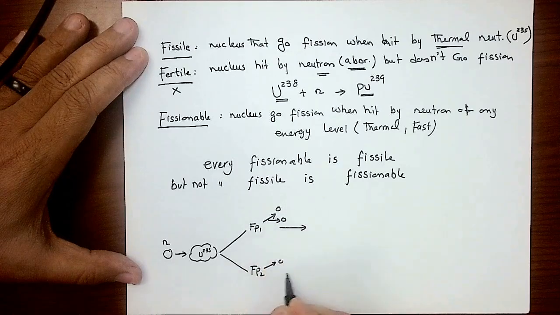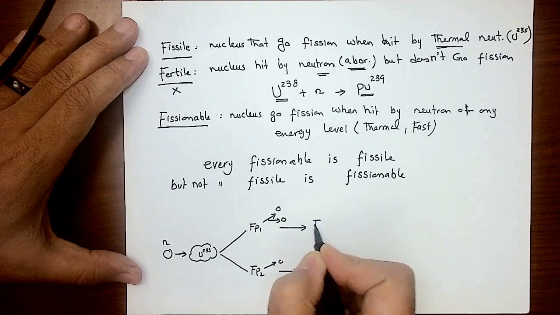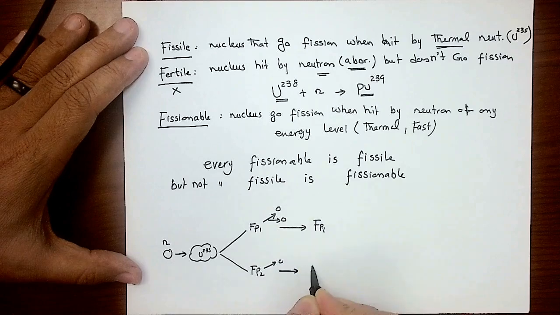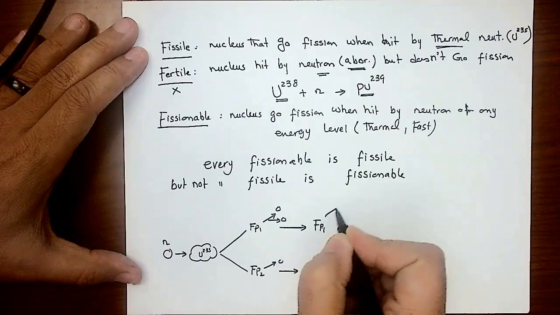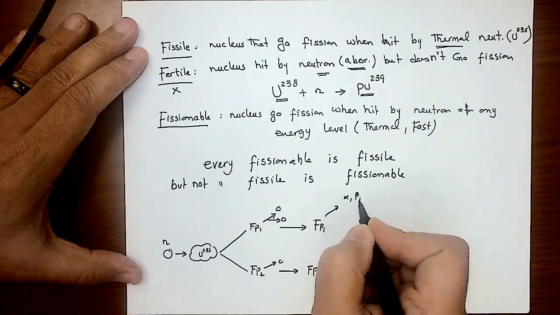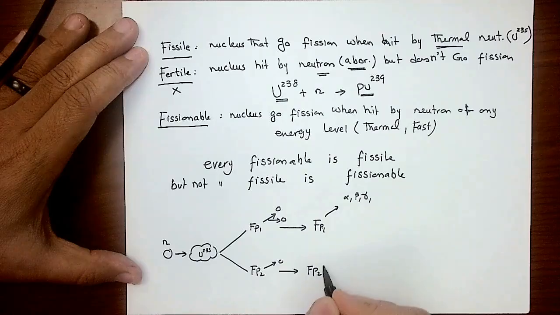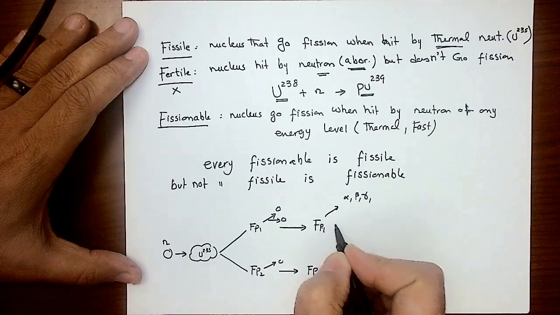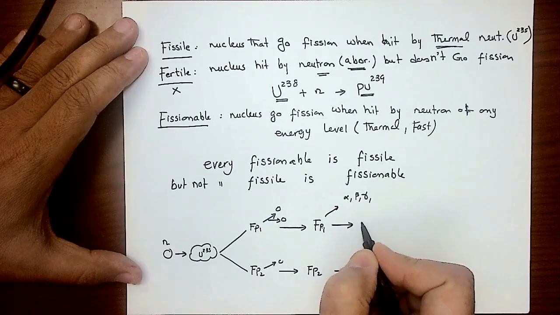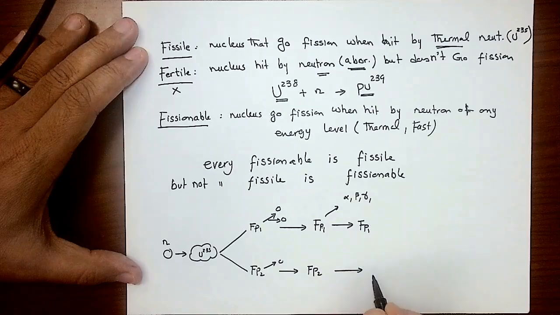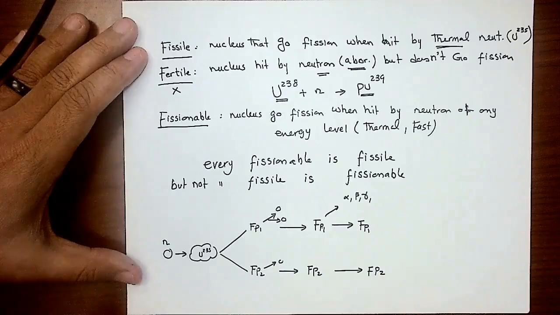Then these products will continue to become other fission products, 1 and 2, unstable. Then they're going to emit alpha, beta, gamma, neutrino, whatever other particles, to transform from partially unstable to a fully stable product.